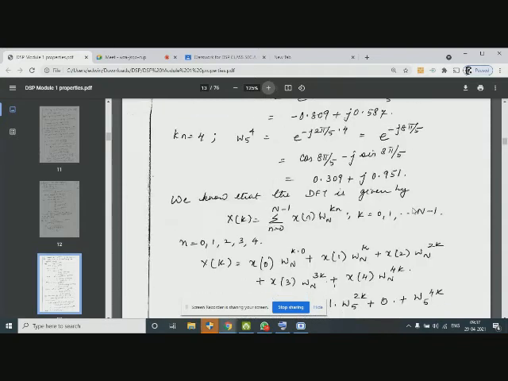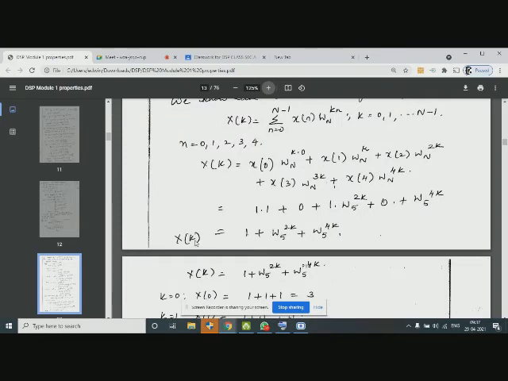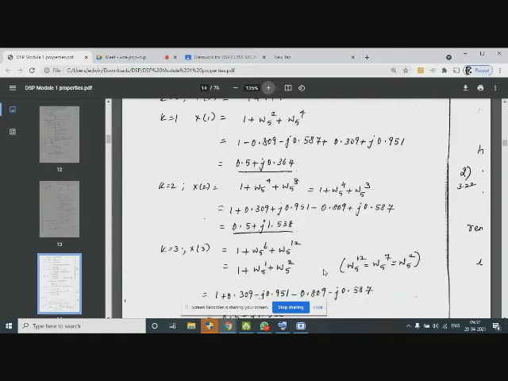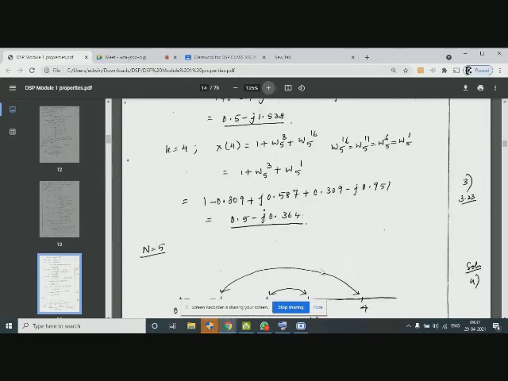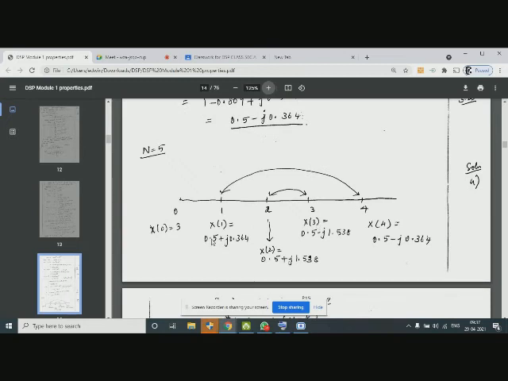Okay. 5-point DFT. So we know that the DFT is given by this one. What you need to prove, you have to check the symmetry property. X of k you write down first. You got the expression for x of k. After you do that, once you solve it, write it down and show the symmetry property.